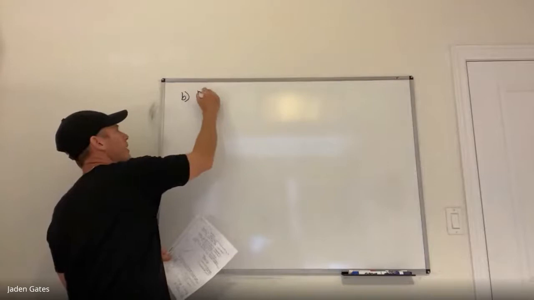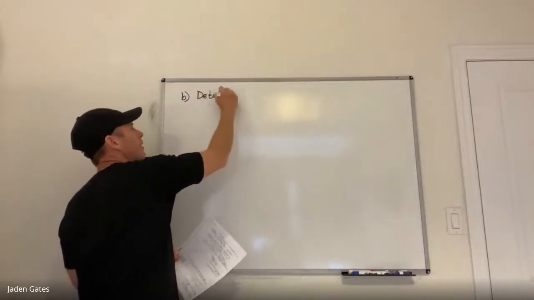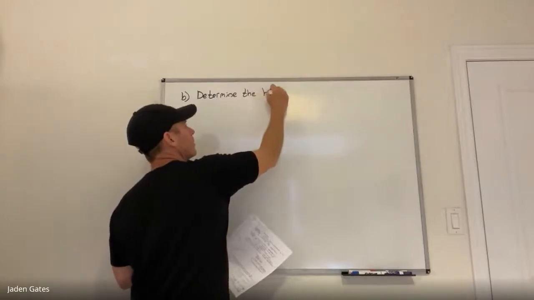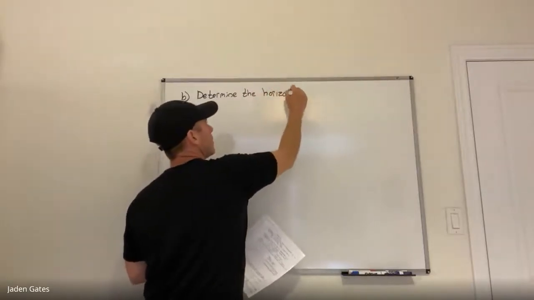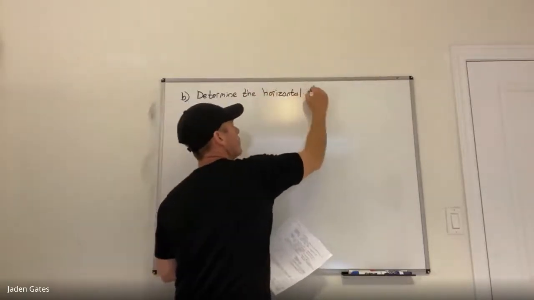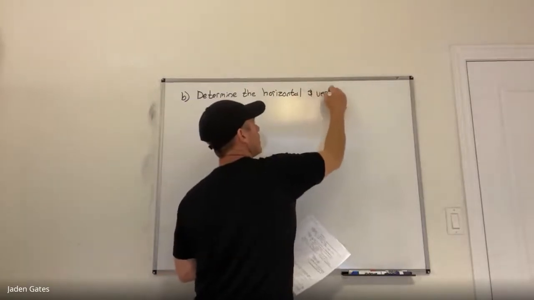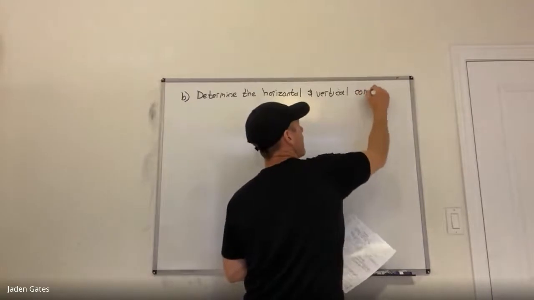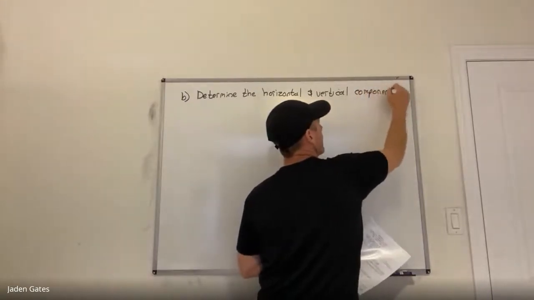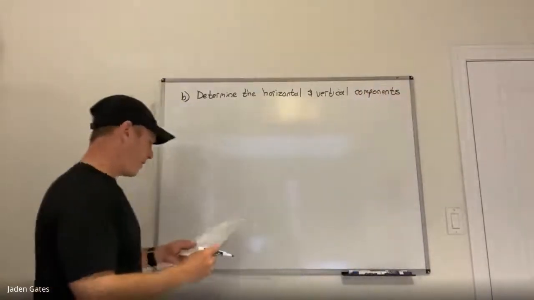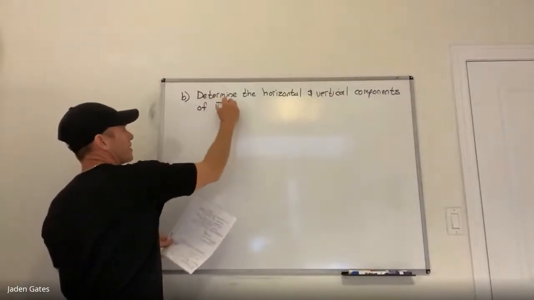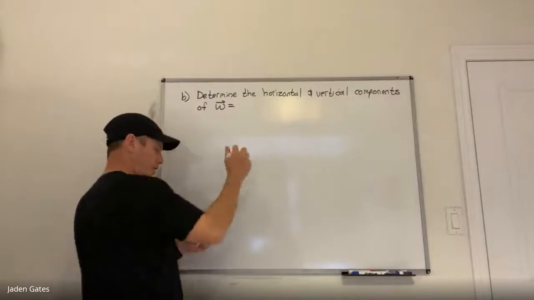B part of that. We drew that vector, and I'll draw it again, but what I want to do is determine the horizontal and vertical components of vector W, which was our wind vector. I'm going to use the same one here, 50 kilometers an hour.